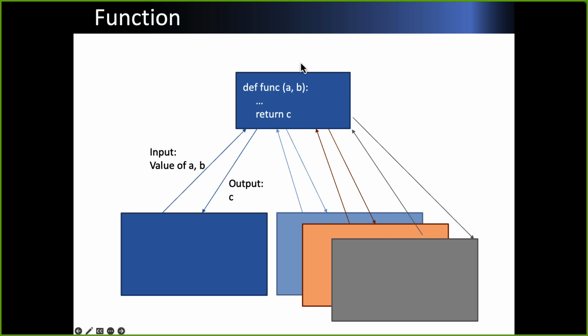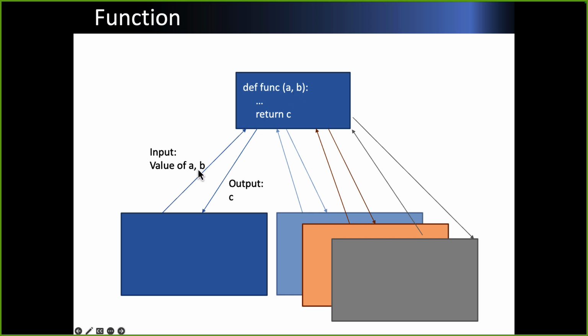Once you define a function, what is the beauty of function definitions? One time define and multiple invocations. You can invoke multiple times. But the thing you have to keep in mind is, in order to call this function, you need to pass two values, a and b.